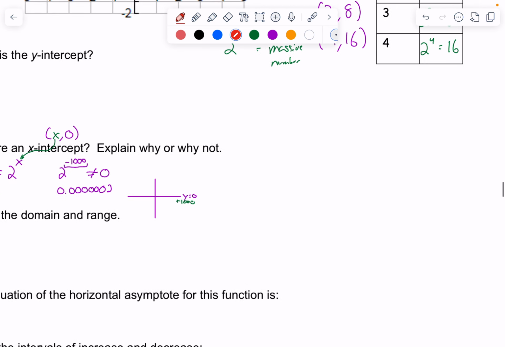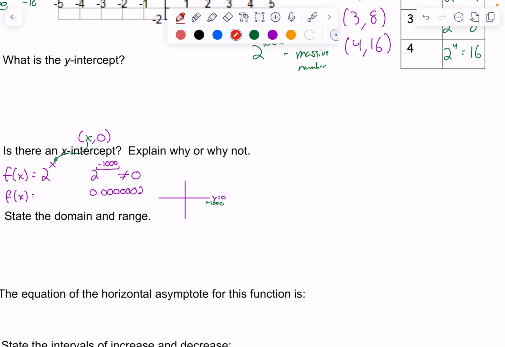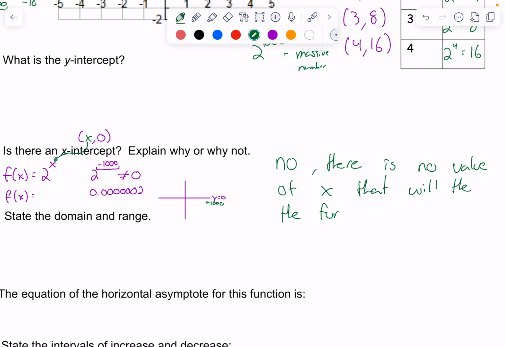So is there an x-intercept? Explain why or why not. Well, no. There is no value of x that will make the function f of x equal 0.